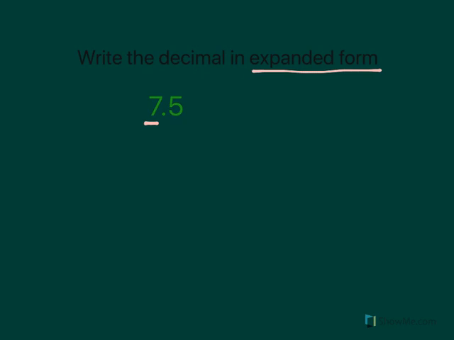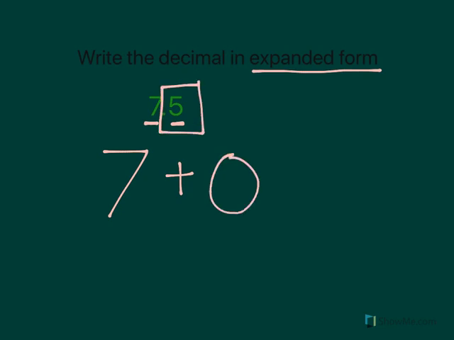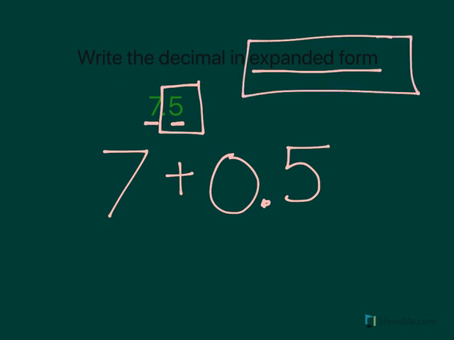So I'm going to just write 7 plus. Well, this problem only has 2 digits. Our next digit is a 5, and it's in the tenths place. So I'm just going to write it as a decimal. 5/10. Now I have expanded form.